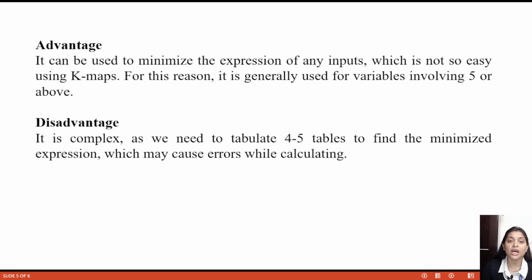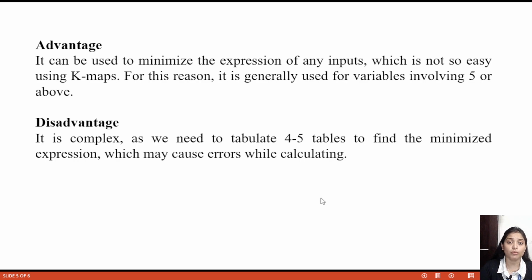Now coming to the advantage. What is the advantage of this technique? It can be used to minimize the expression of any number of inputs, which is not so easy to do using K-maps, or Karnaugh map. So basically this method is used when the variables are 5 or more. But the disadvantage, you can understand, is that this is very complex.